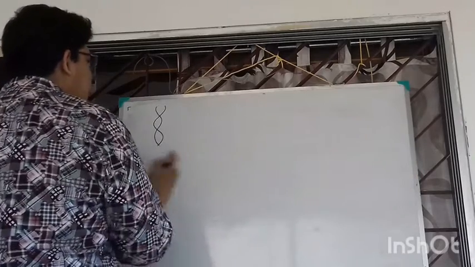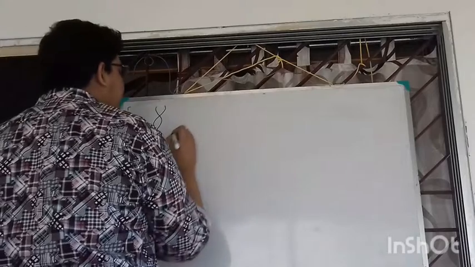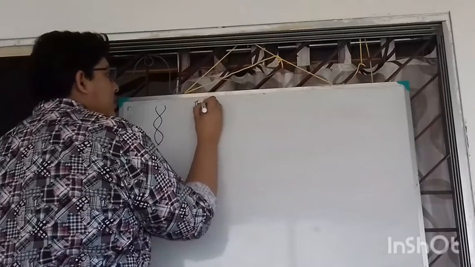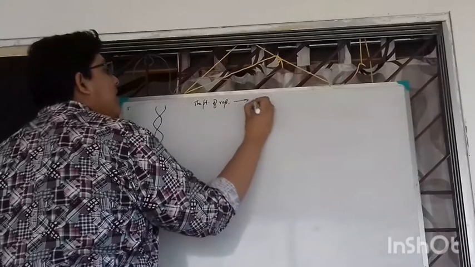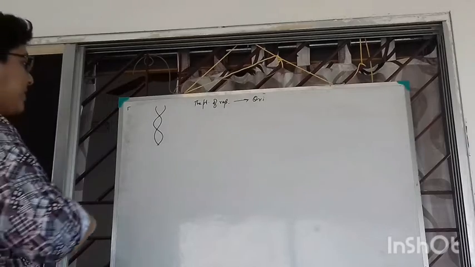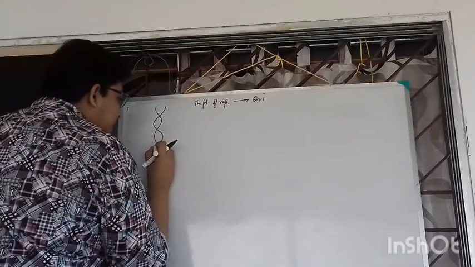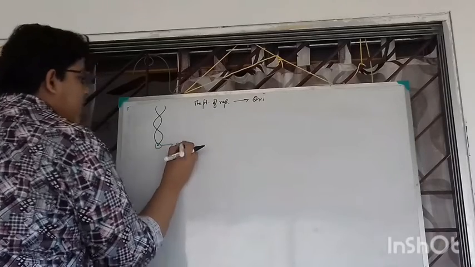What happens first? The point of replication, where the replication begins, is known as ori, the origin of replication. For example, this point. From here the DNA replication will begin.